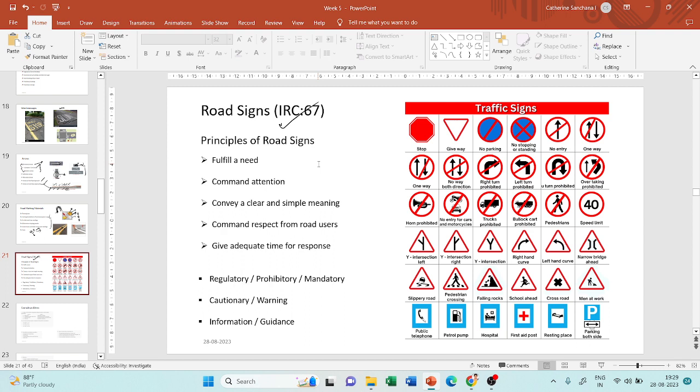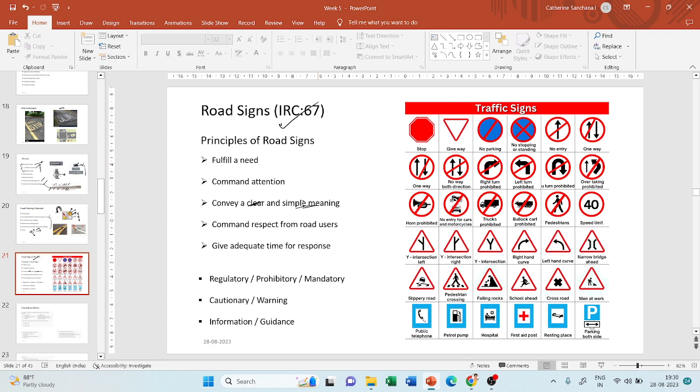It commands attention, as I told you, you will not pay attention to road markings as much as road signs. They give a clear and simple meaning, and they command respect from users. You will obviously tend to follow road signs compared to road markings.